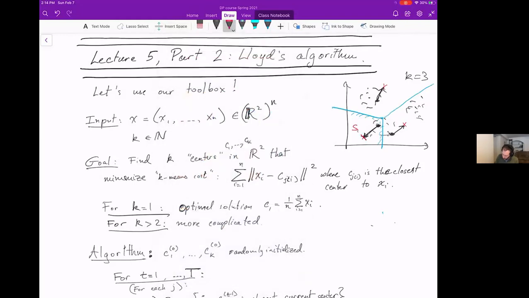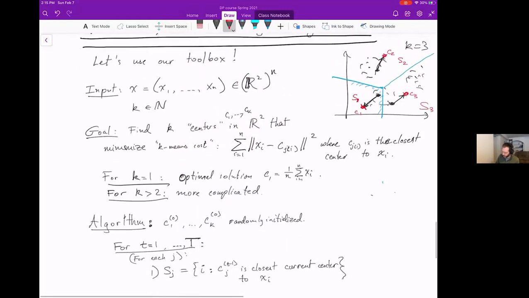This region we'll call S1, if this is cluster center C1. This region here will be S2 for cluster center C2, and this region here is S3. S3 is all the data points that lie in this, what's called a Voronoi cell, the region of things closest to C3. S2 is the collection of data points closest to C2, and S1 is the collection closest to C1.